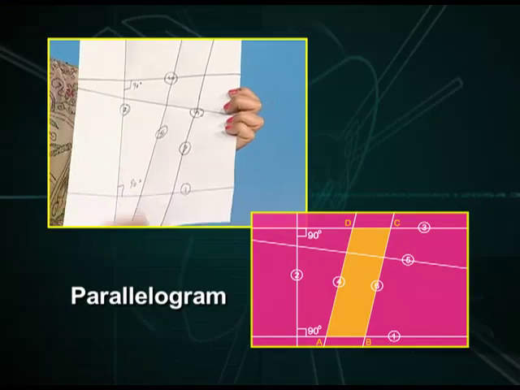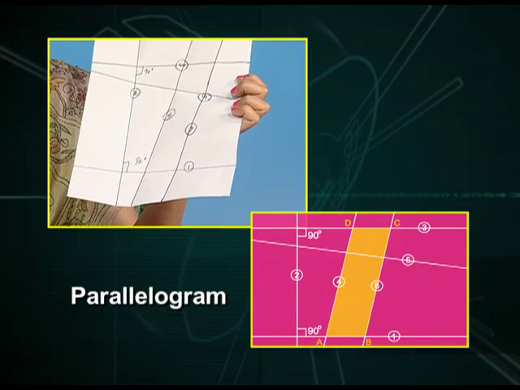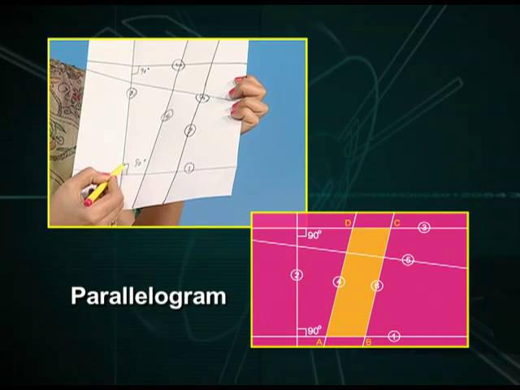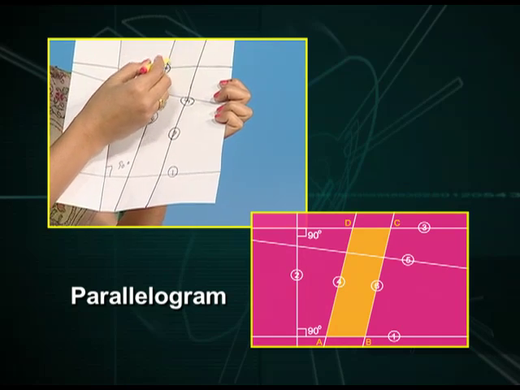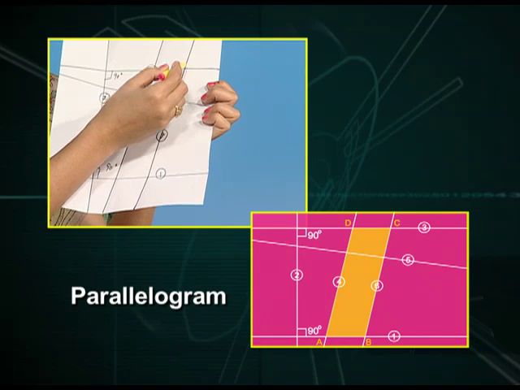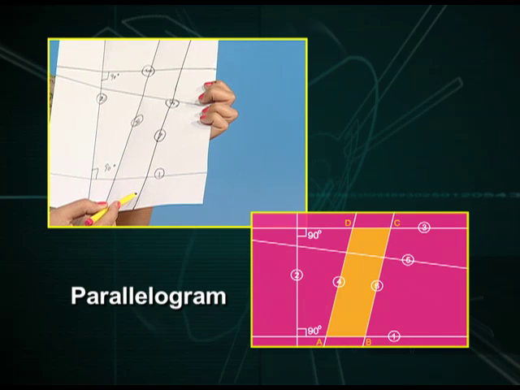Now observe this carefully. Crease number 1 is parallel to 3 and 4 is parallel to 6.